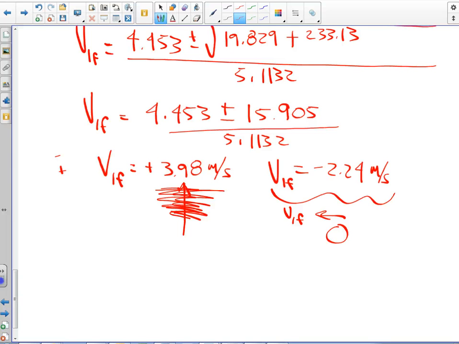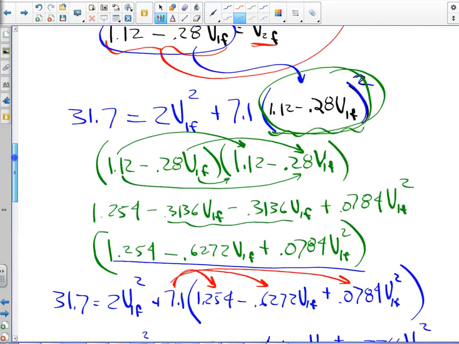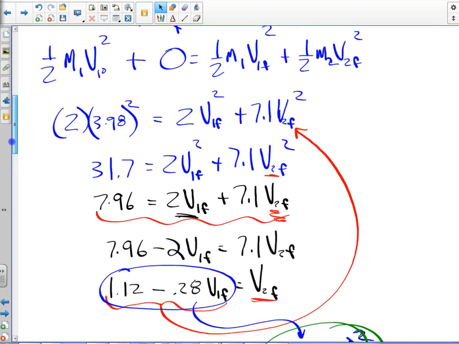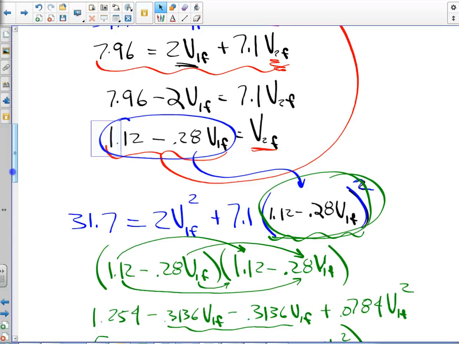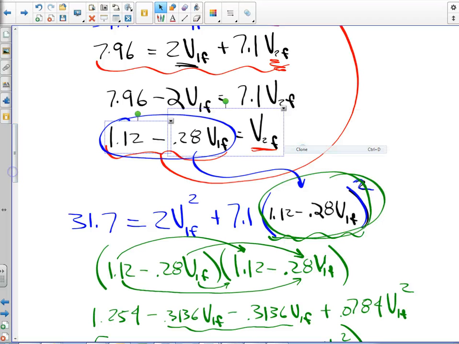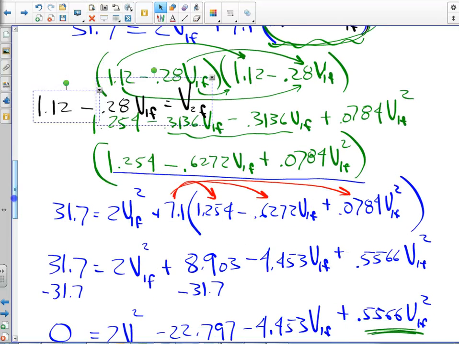So V2 final, where do we go to find that? Well, we're just going to plug that in. Let's go find it. It's here somewhere. There it is. We're going to take this one, clone it, and take it down here.